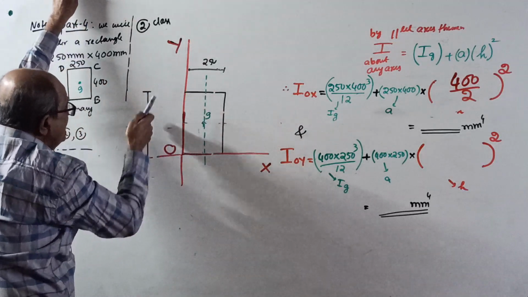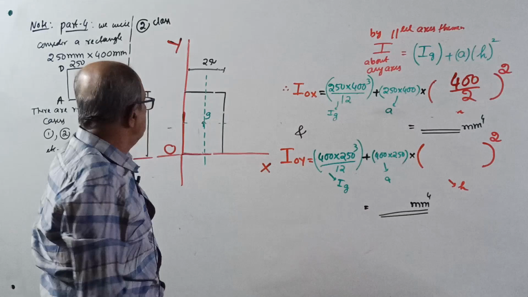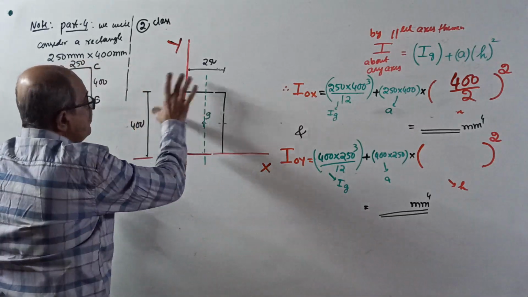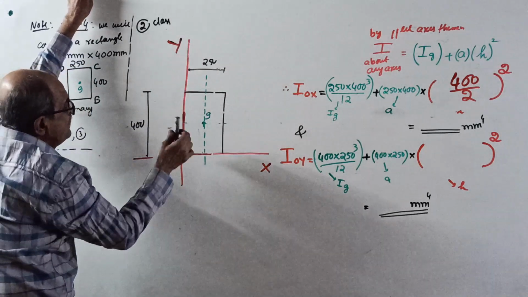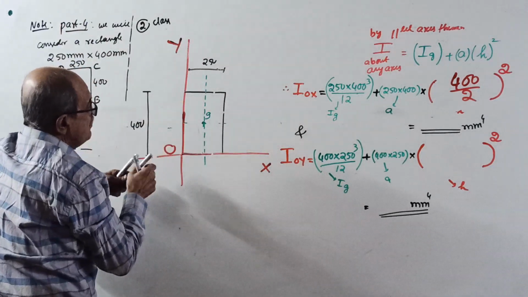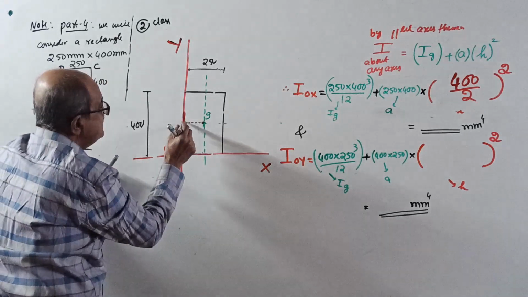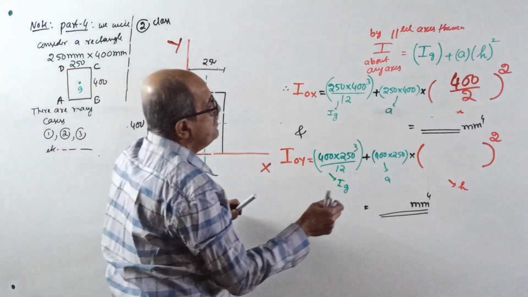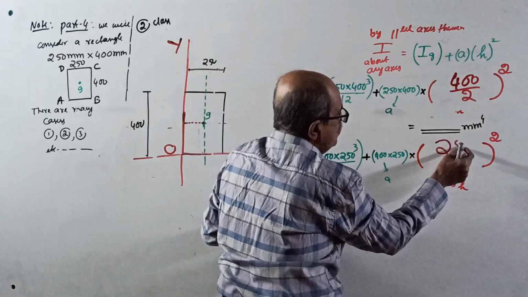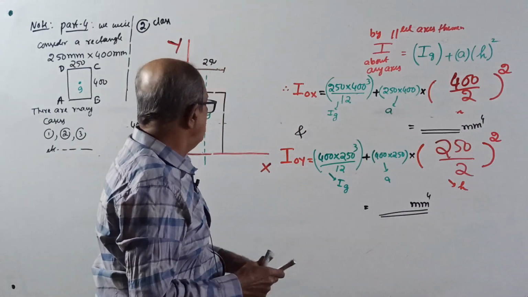Now the parallel side is 400: 400 into 250 cube by 12 plus area 400 into 250 into the distance from the centroid of the component to the YY axis squared. That distance is half of 250, 250 by 2, whole square. You get I about OY.